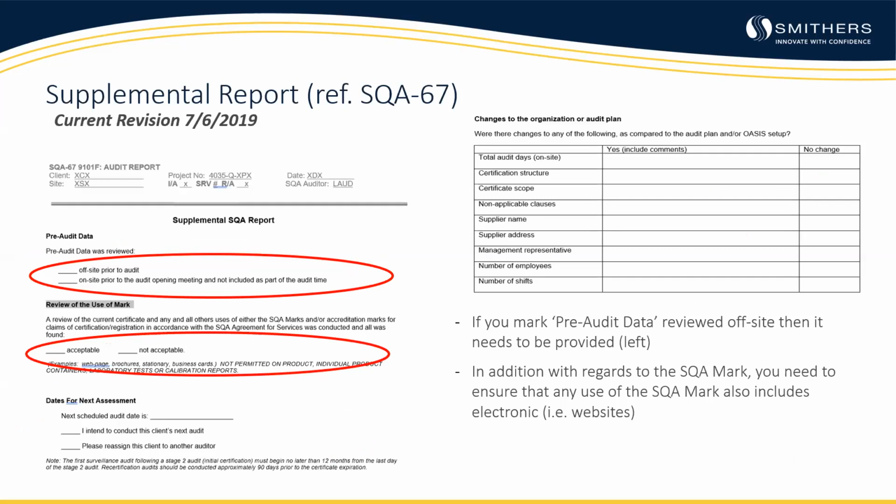Now, in regards to the supplemental report, this is SQA 67. The current version is July 6, 2019. So again, not much has changed on this form for some time. A couple of items I would highlight here: pre-audit data. We do have a requirement for the auditor to acknowledge, was pre-audit data covered off-site or on-site?